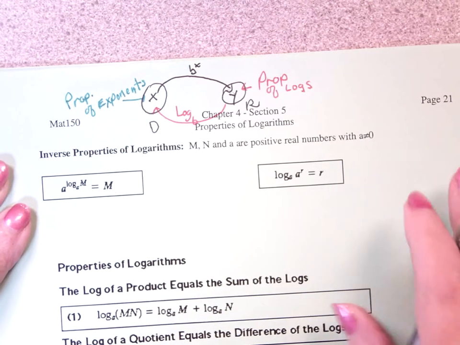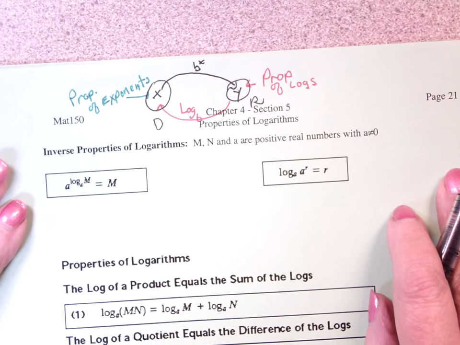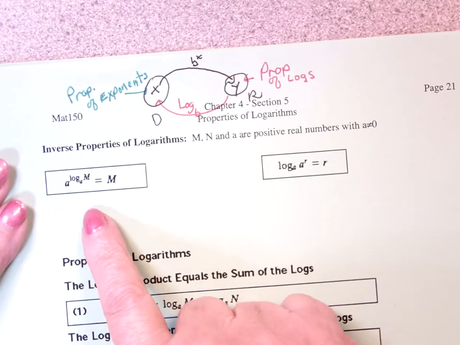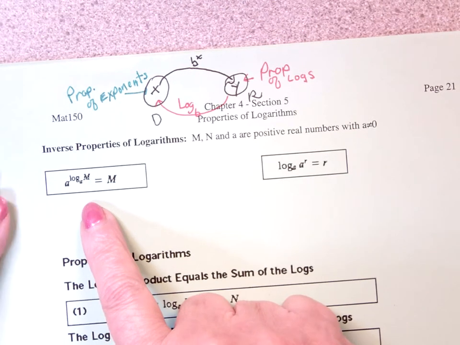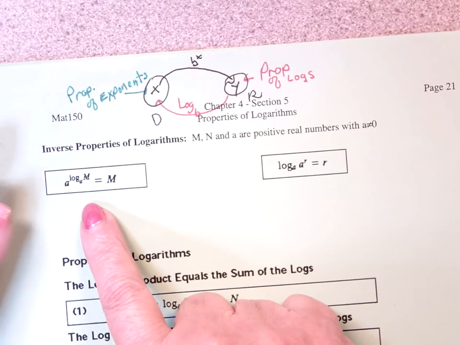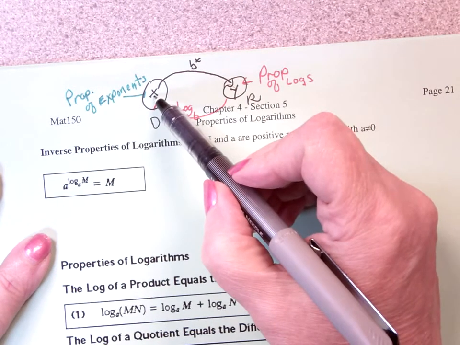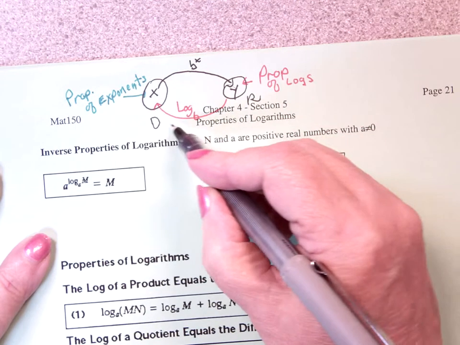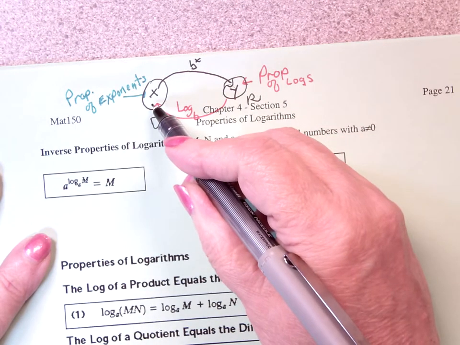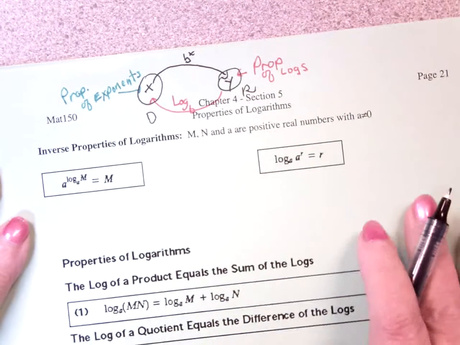Now, we had talked about the logarithm and the exponential function being inverses of each other. One of the properties of logarithms is called the inverse property. Now, what this is, if I know that the exponential goes from the domain to the range, the log goes back from the range back to the domain.